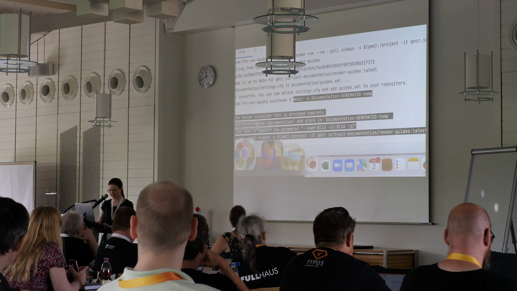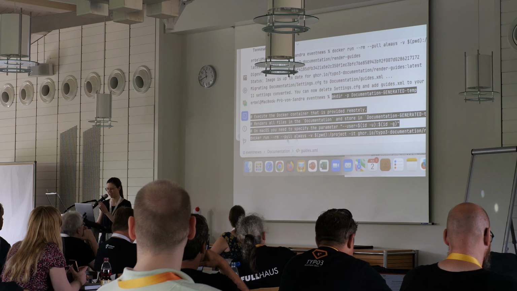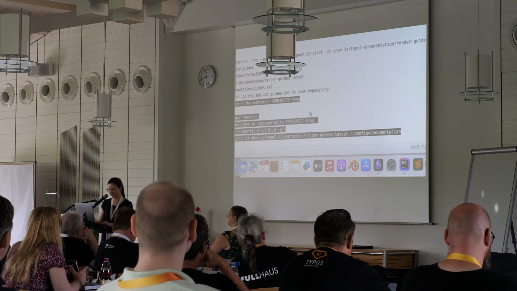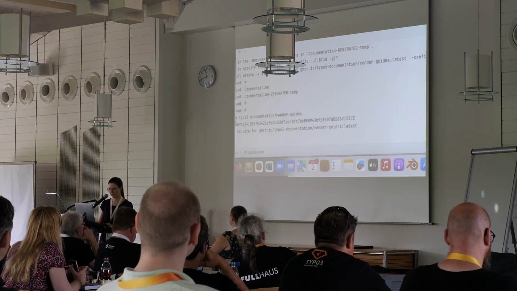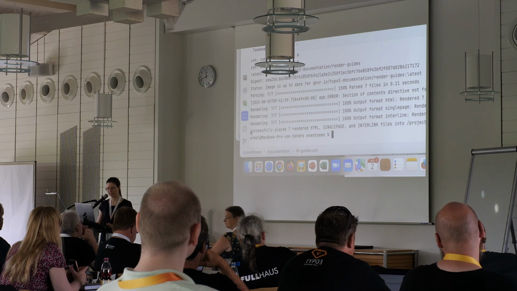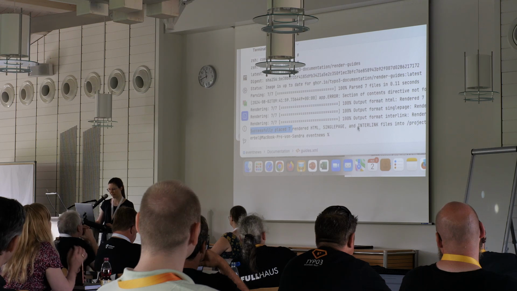So here is the code. I show you later in a big slide. So I just perform this. And we see, okay, there were 7 files successfully rendered. That's cool.